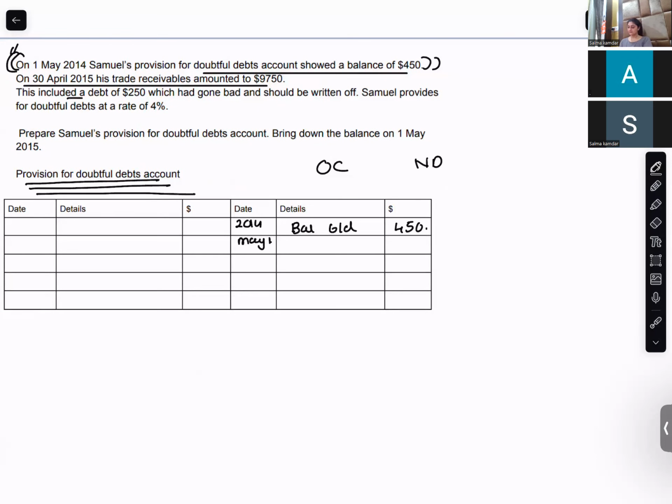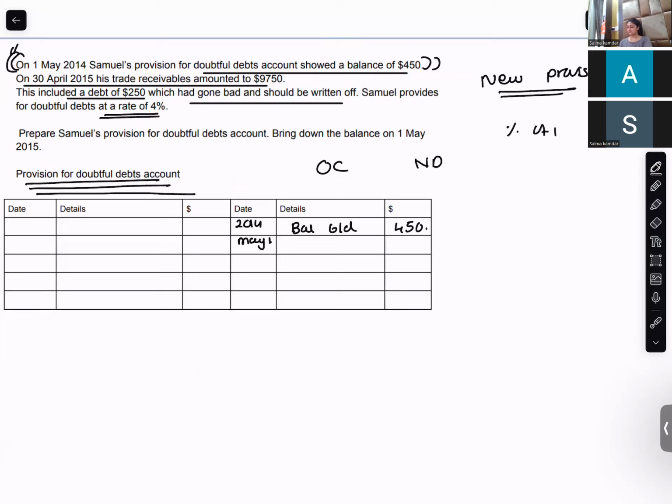On 30th April 2015, his trade receivables amounted to 9750. This included a debt of $250, which had gone bad and should be written off. Samuel provides for doubtful debts at a rate of 4%. So we need to calculate the new provision by doing a percentage of NTR.